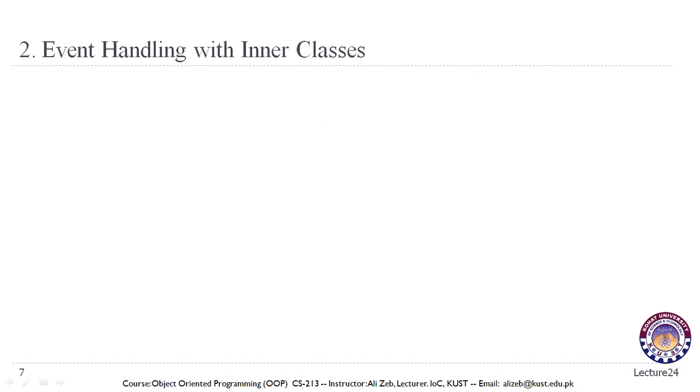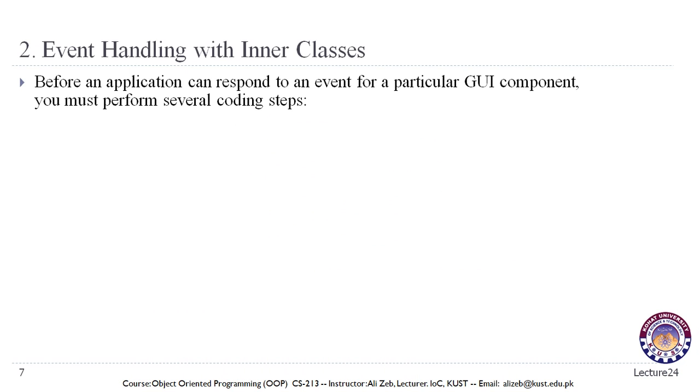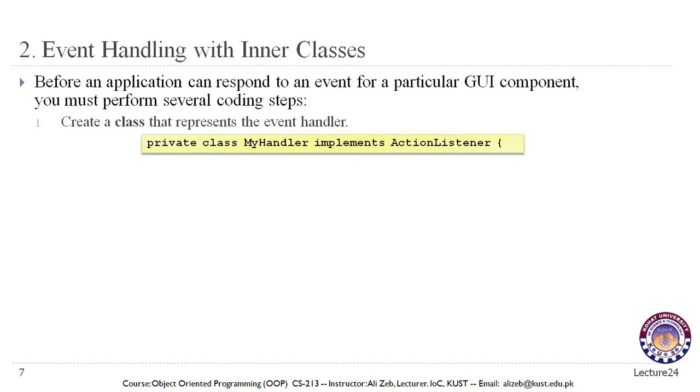Event handling with inner classes. Before an application can respond to an event for a particular GUI component, you must perform several coding steps. These steps are: we need to create a class that represents the event handler, and that can be an inner class that we discussed in our previous lecture.